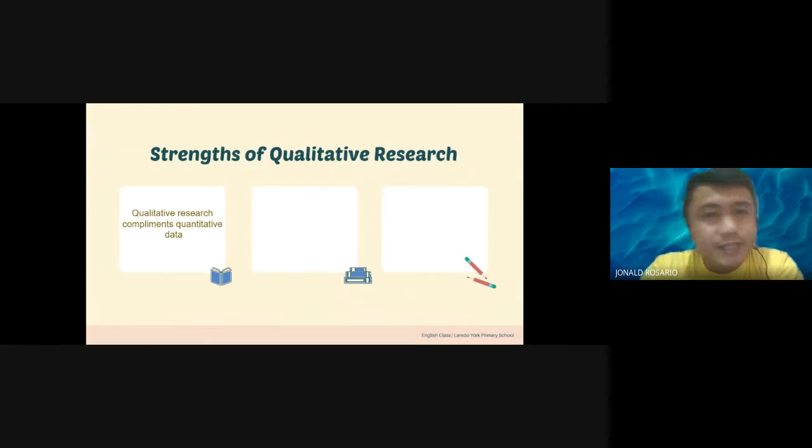Okay, for the strengths of qualitative research, I just provided here 3 strengths. The first, qualitative research complements quantitative data.